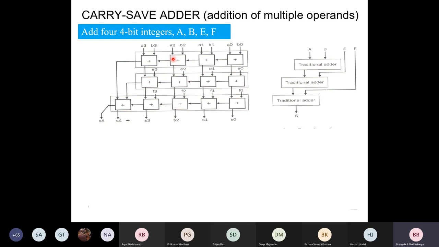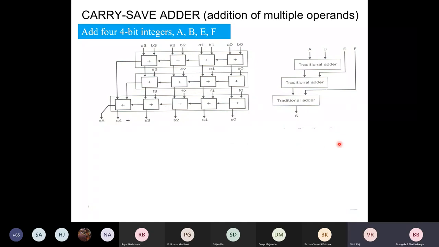So this overall circuit receives 16 inputs from A to F, because each of them is a 4-bit vector, and produces these outputs. So what is the delay? What is the critical path? Assume that each full adder block has unit delay.